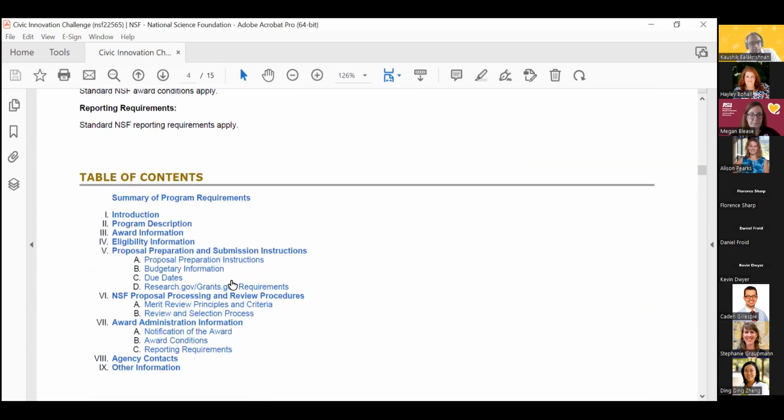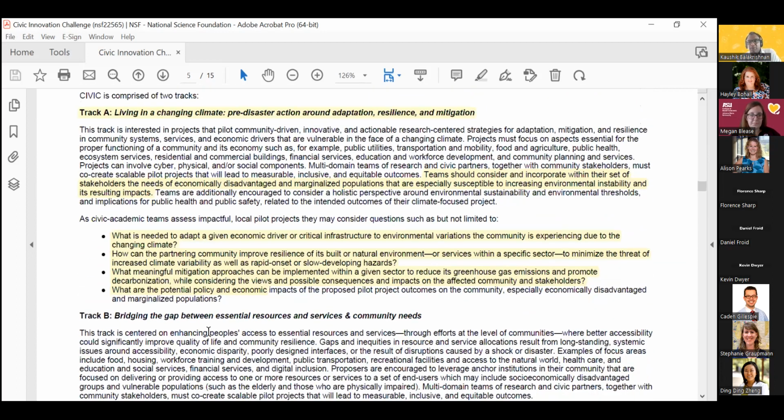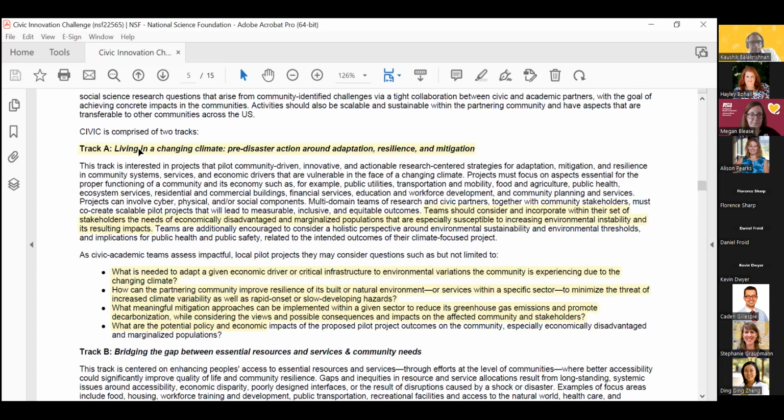All right, I'm going to scroll down a little bit more and look at what NSF is trying to tell us, what they want within this program. Now, this is really good. Talking about track A, they're saying very clearly that if you're picking up track A, your proposal should focus on actions around disaster, before even the disaster.